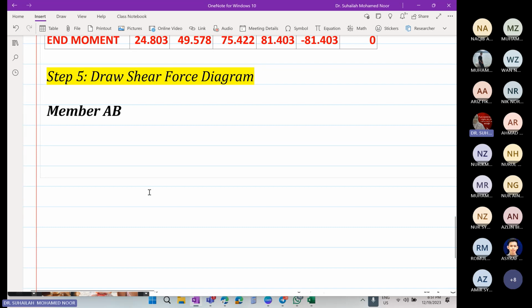So what we need to do is draw the free body diagram of each element. That is why it is important for you to understand the meaning of end moment, where is the location. Beside member end moment, what else?